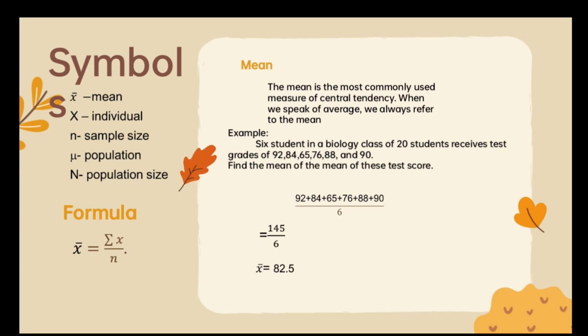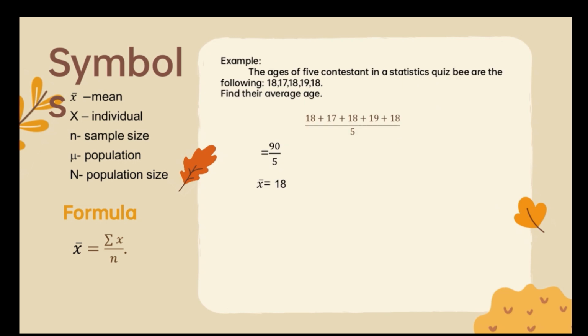The sum of that data is 495 over 6. That's why the mean is equal to 82.5%.